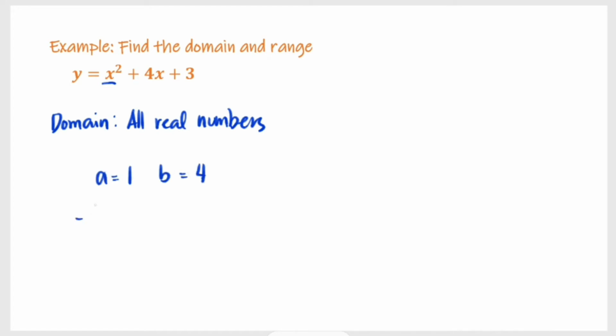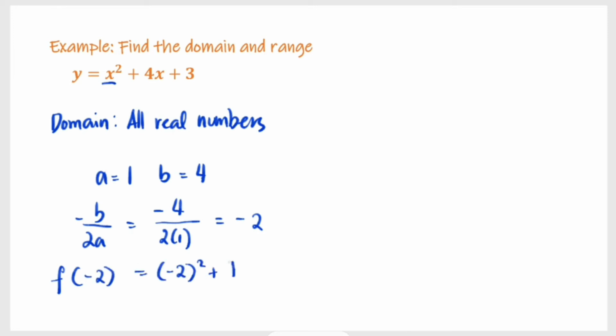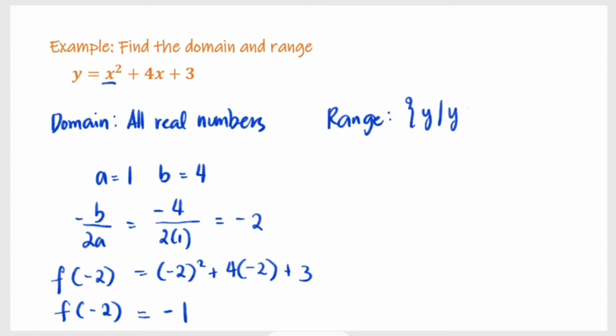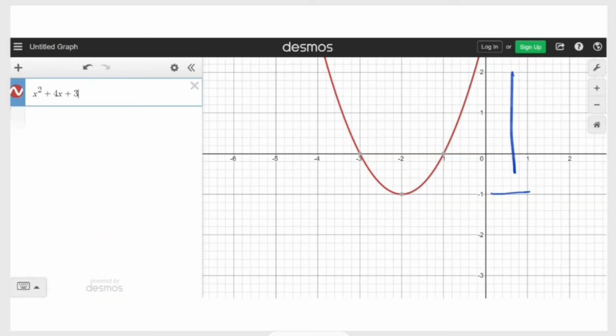So, negative b over 2a is equal to negative 4 divided by 2 times 1, which is equal to negative 2. f of negative 2 is equal to negative 2 squared plus 4 times negative 2 plus 3, which gives us negative 1. Therefore, the range would be all values of y such that y is greater than or equal to negative 1. Let's check the graph if our answer is correct.